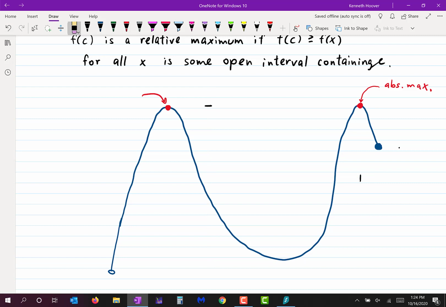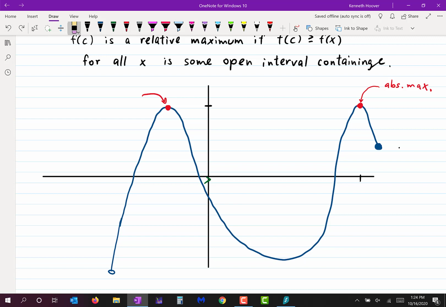I could have marked off an interval like this and say in this area that red point is the highest point. I could have even made it a lot bigger. I could say from here to here. In that area, that red point right here is the highest point.